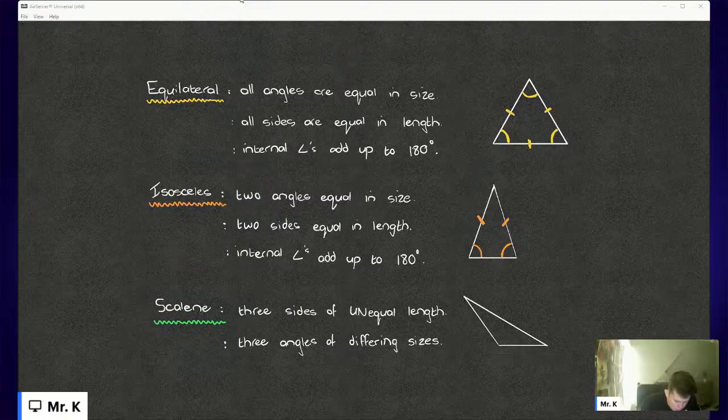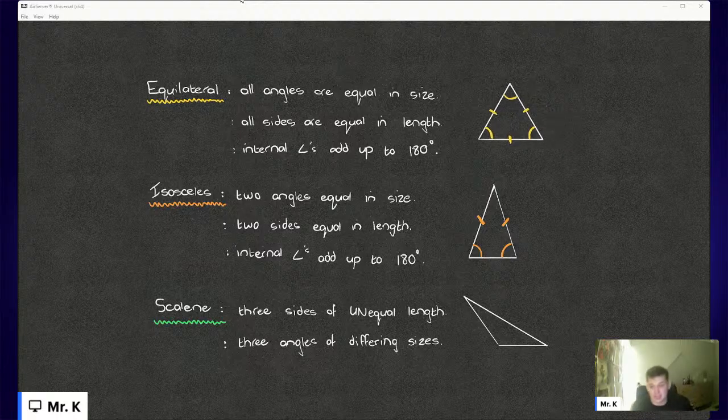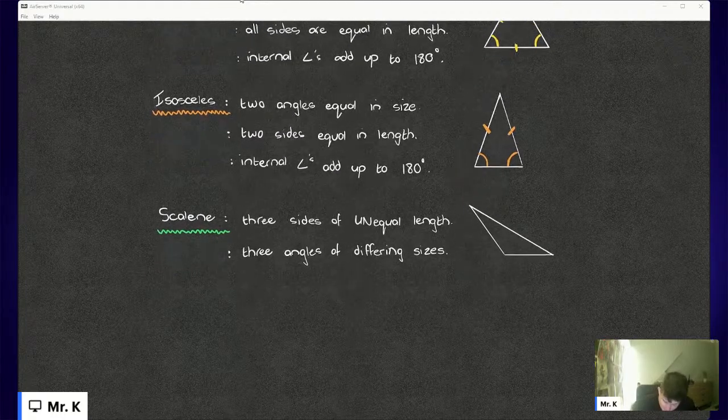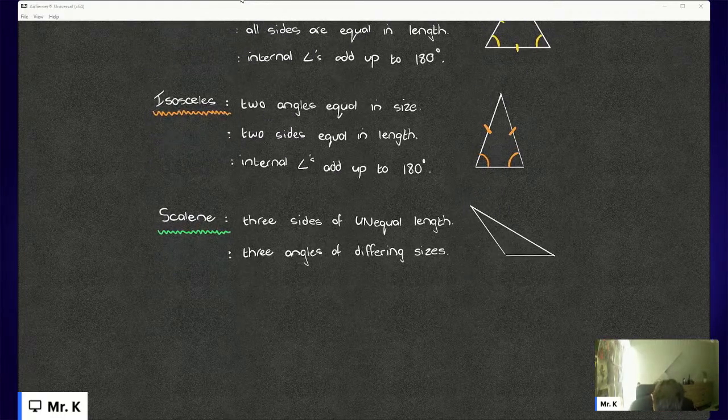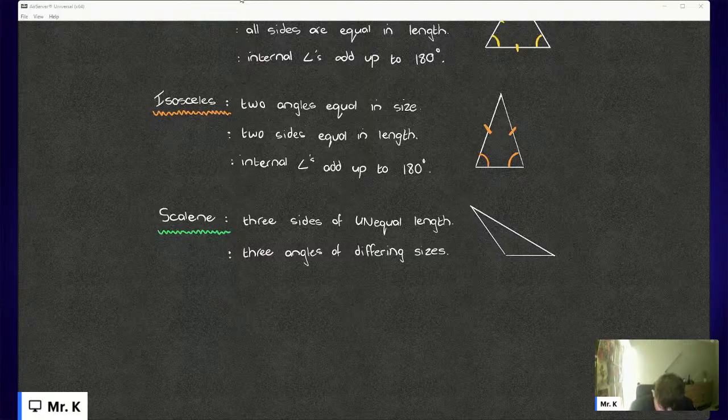Now, some teachers will often say that there's a fourth type of triangle, which is your right angled triangle. And this is absolutely true. Okay, so we can actually go ahead and also discuss this as a fourth. Whether or not your teacher considers it to be a fourth kind of triangle is probably up for debate, but let's discuss it in any case.